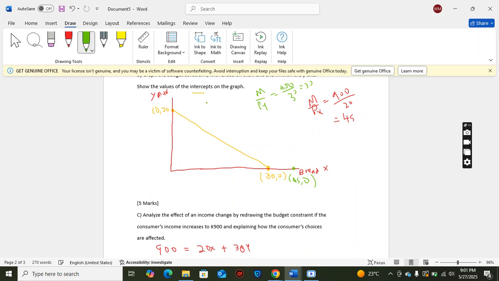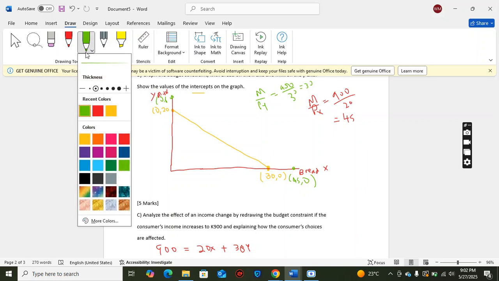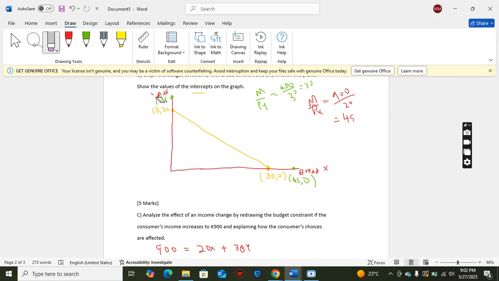So what we notice is there's a shift in our budget constraint equation. So here we put 0, 30.